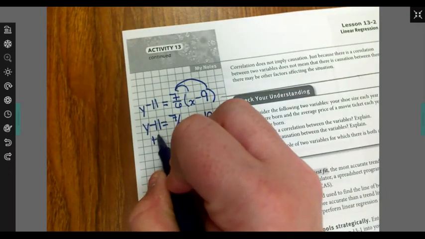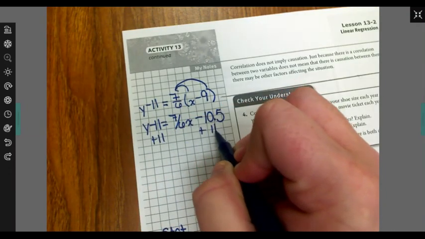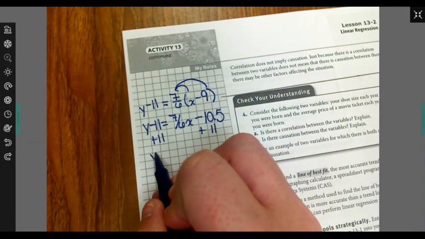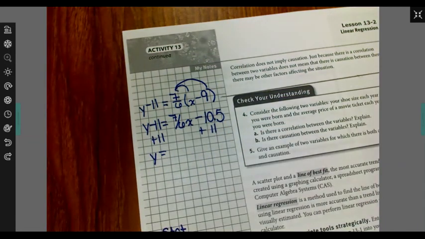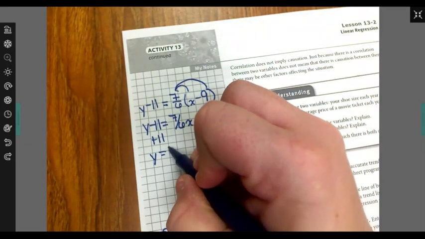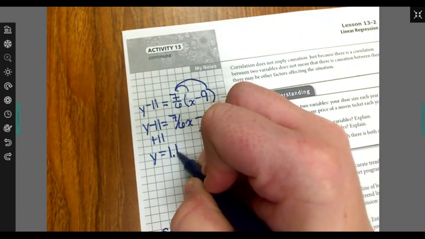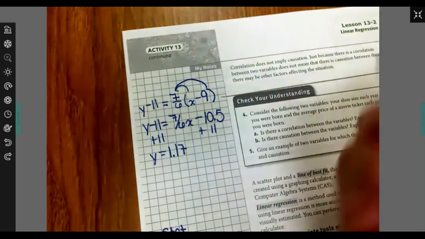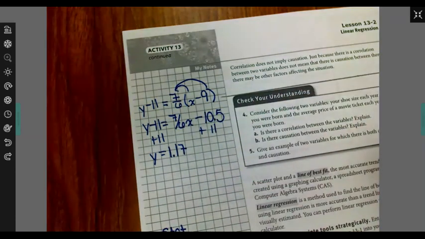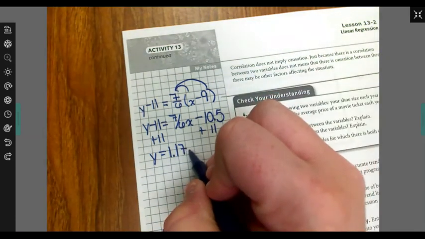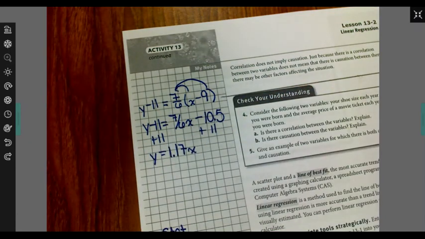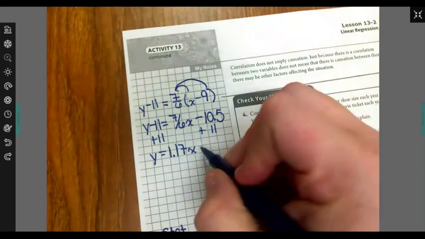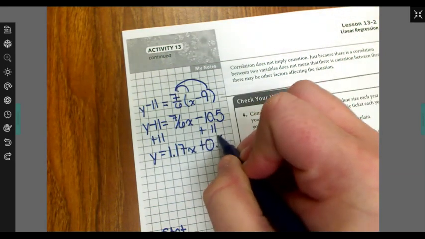Next, we're going to add 11 to both sides. Y equals, well, 7 over 6 is 1.17 if I round to the hundredths place, like they asked us to do here. And negative 10.5 plus 11 is plus 0.5.